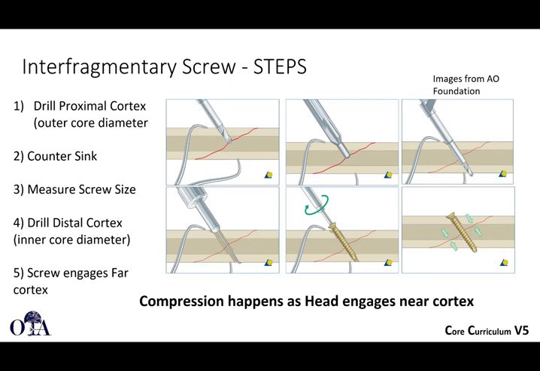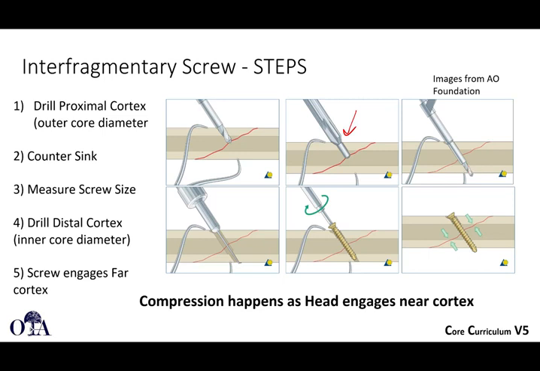Here are those steps. These are some of the AO slides demonstrating reduction of the fracture. Notice how the lag screw is placed perpendicular to the fracture line. The gliding hole is drilled, and a countersink is done here. Then the pilot hole is drilled after a centering sleeve is placed, and this is going to be smaller than the gliding hole.